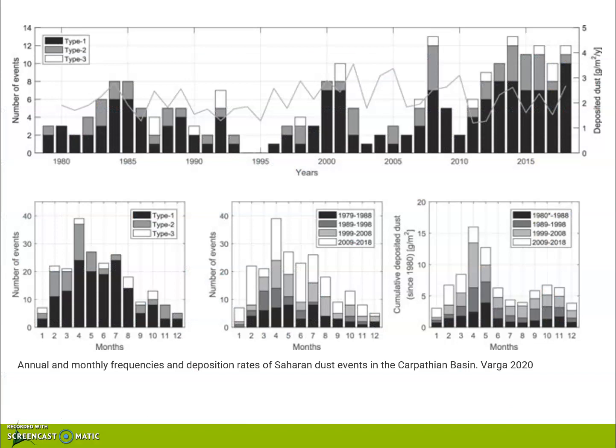This is a frequency chart of these dust events recorded in the Carpathian Basin, so in Central Europe, and you see there's a consistent number of these dust events during April, and then also a bit during February and March, and then well into the summer. So this is for Central Europe.